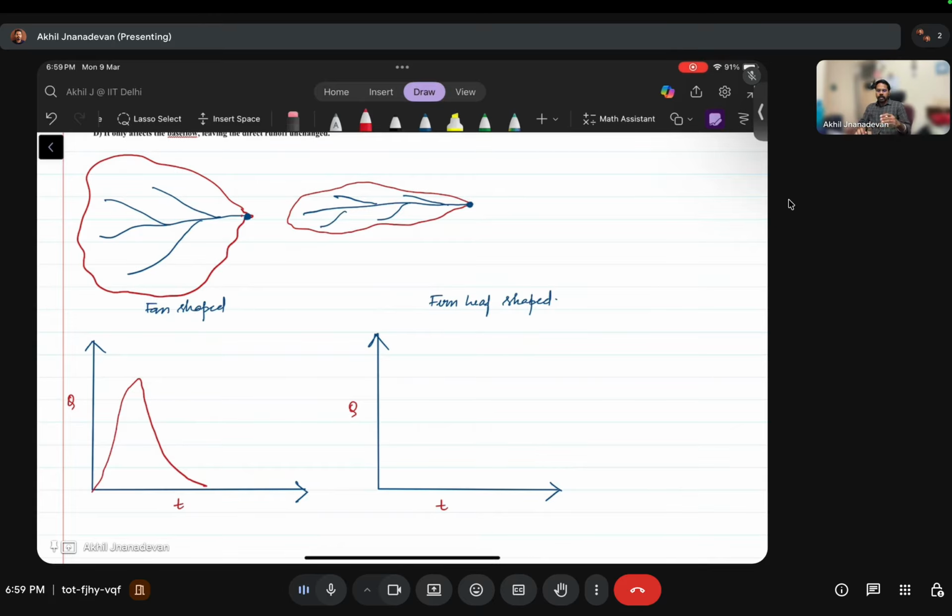And the rate at which the water reaches the streams will also be less, so the peak will also be less. So we can draw something like this: the peak is lower and the time to peak is longer. Okay, so these are the two different shapes, a fan shape and a narrow catchment.